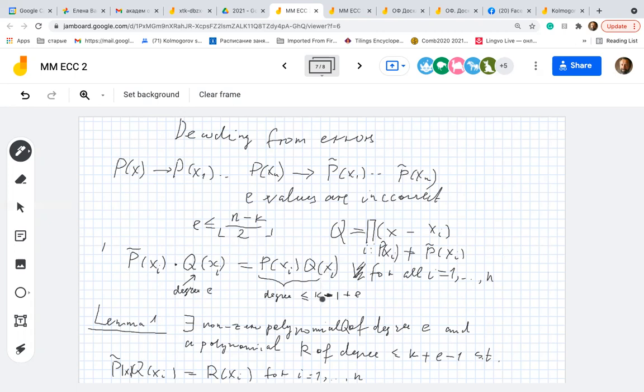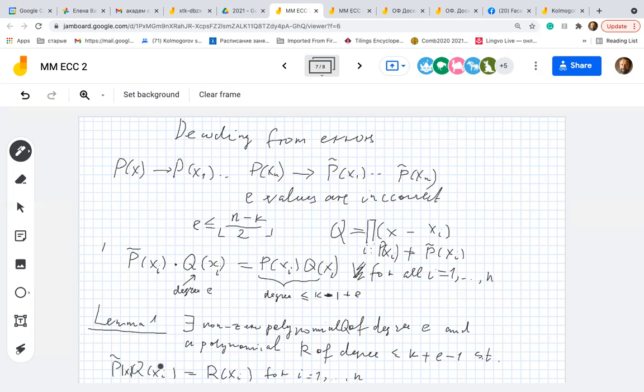But in the sequel, we will need some q and r satisfying these properties. And on step 1, we will find some q and r satisfying lemma 1 just by solving a system of linear equations.